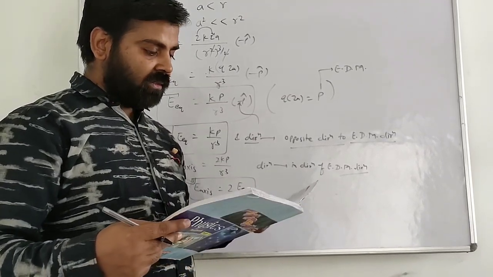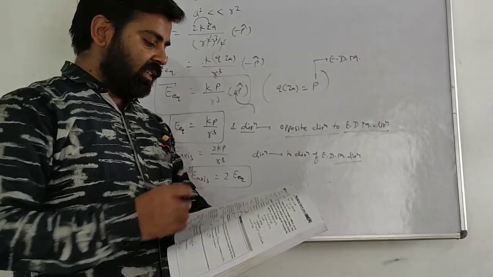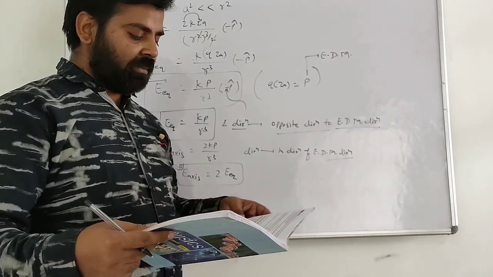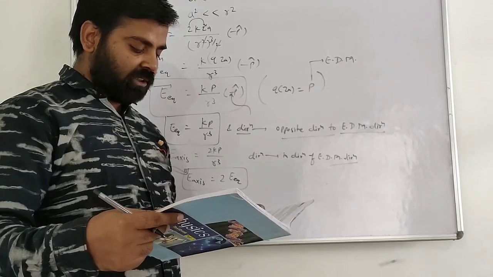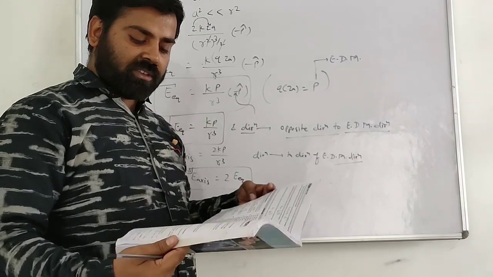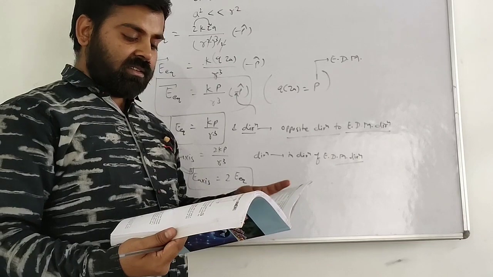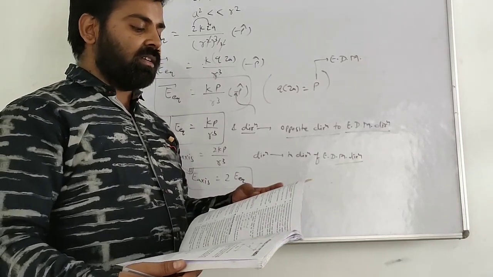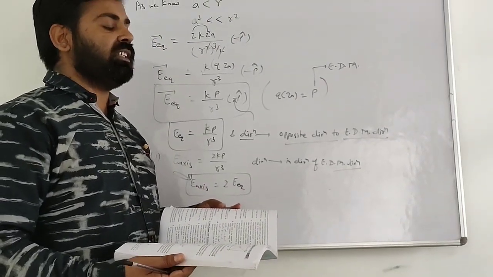From your book, from chapter one, example 1.18, example 1.19, and in the exercise, in multiple choice questions as I discussed in the previous class, question number 7, question number 12, in very short answer type questions, question number 12, question number 13, and in long answer type questions, question number 3, for both derivations of electric field intensity at axial point and equatorial point.